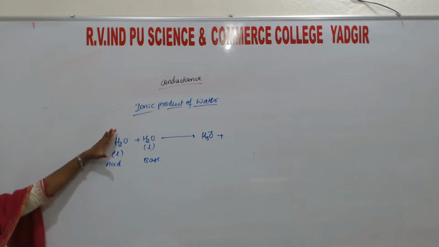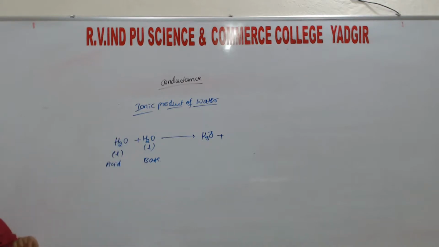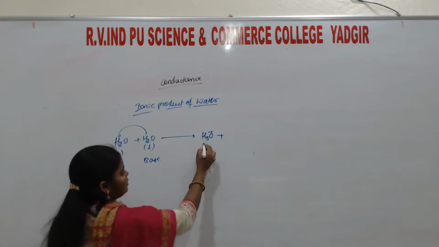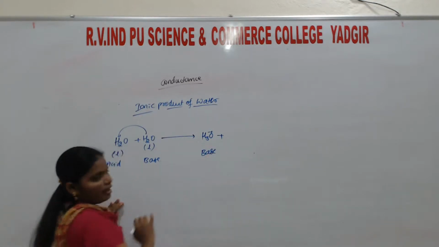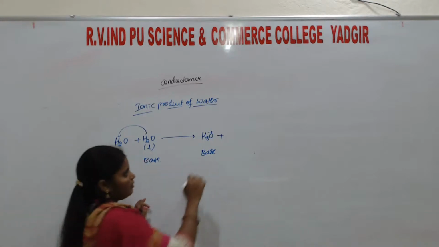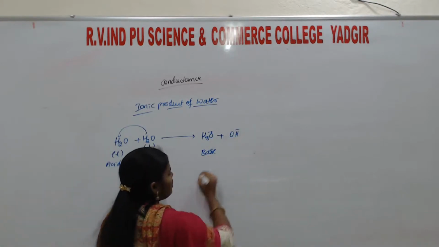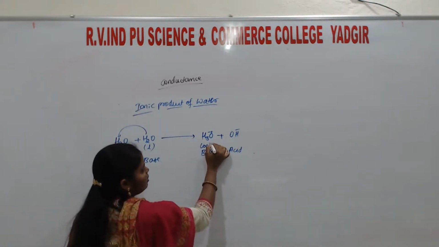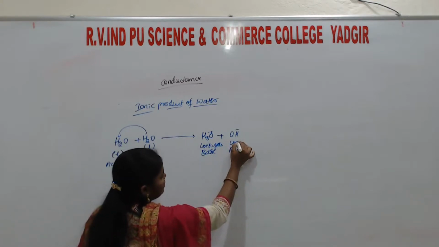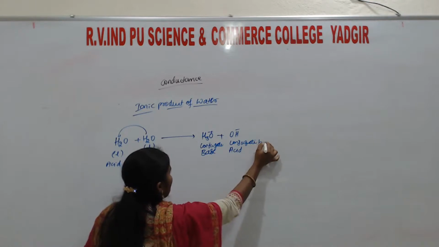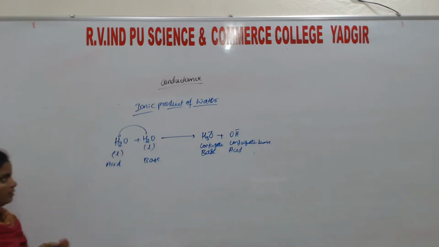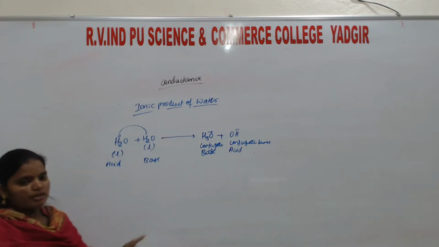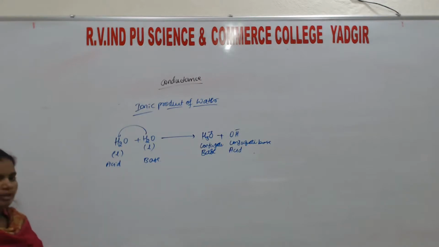These are known as conjugate acid-base pairs.